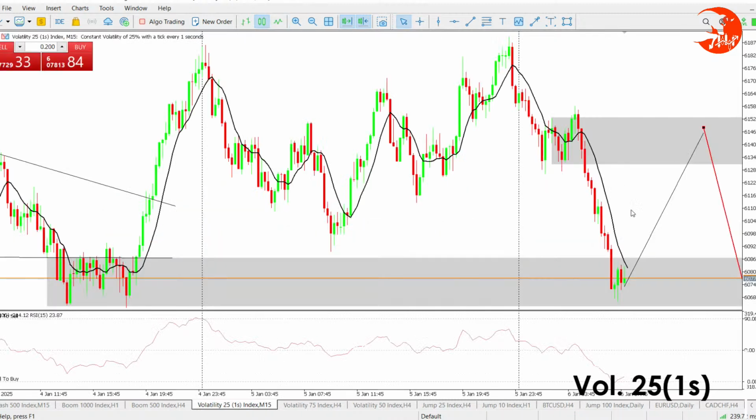Scalpers can go to M15 and wait for a confirmation on M15, and M15 in fact is going to be a good buy entry once I have a change of character right here on M15.